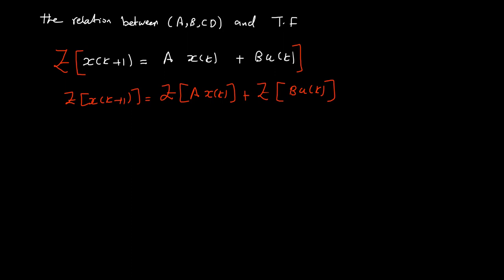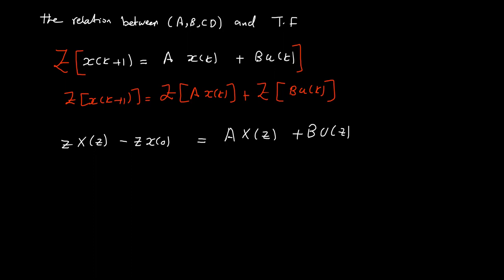So here this will equal z x of z minus z x of 0, which will equal A x of z plus B u of z.